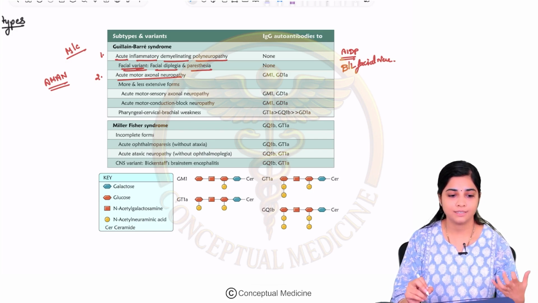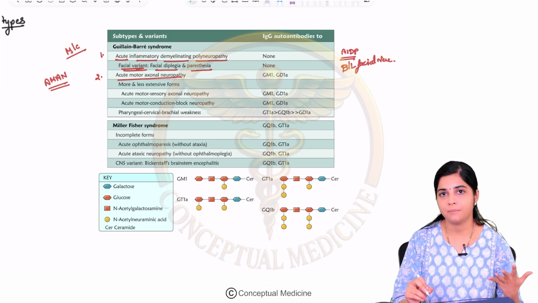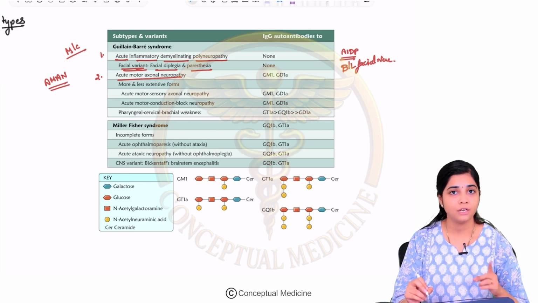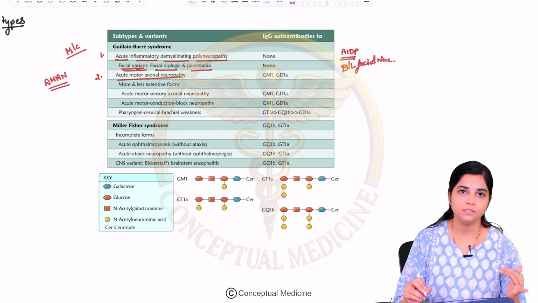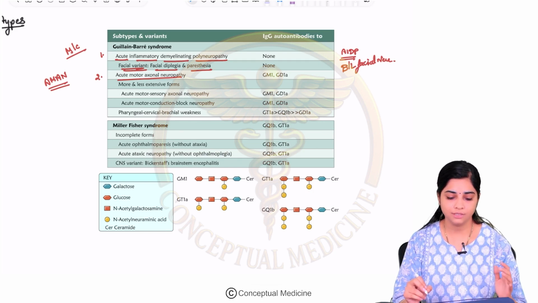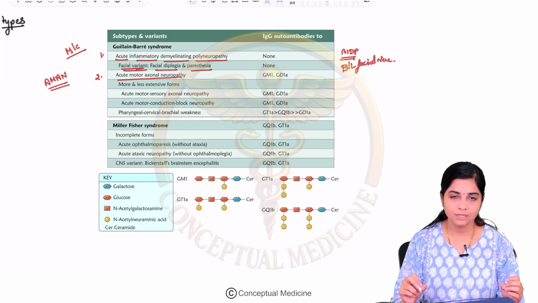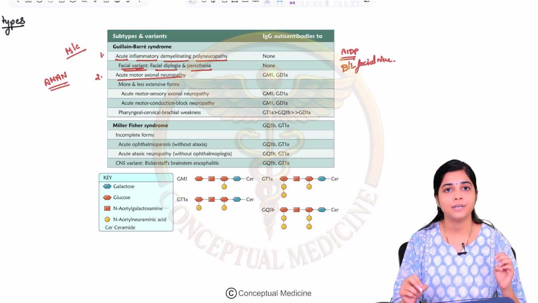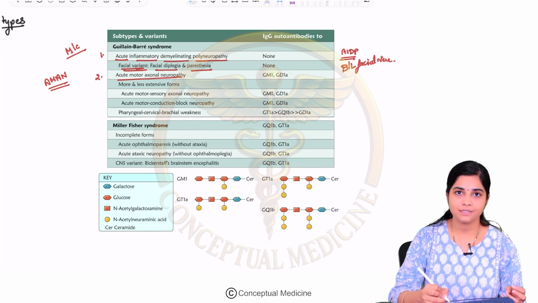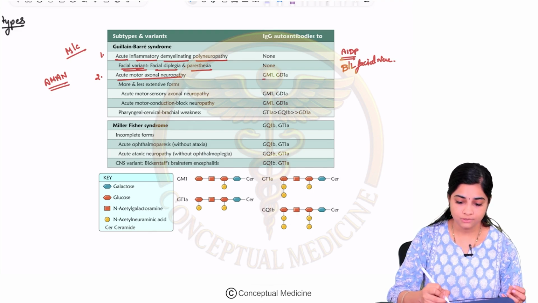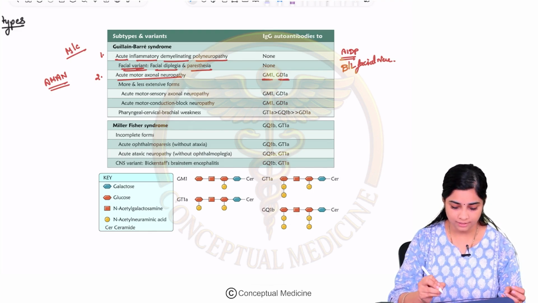In certain cases, especially in your AMAN variant and AMSAN variant, you do not have demyelination; you rather have direct damage to the axons, and you have axonal neuropathy. So this is your acute motor axonal neuropathy, where you predominantly have only motor symptoms, and this is characterized by IgG antibodies to GM1 and GD1a.